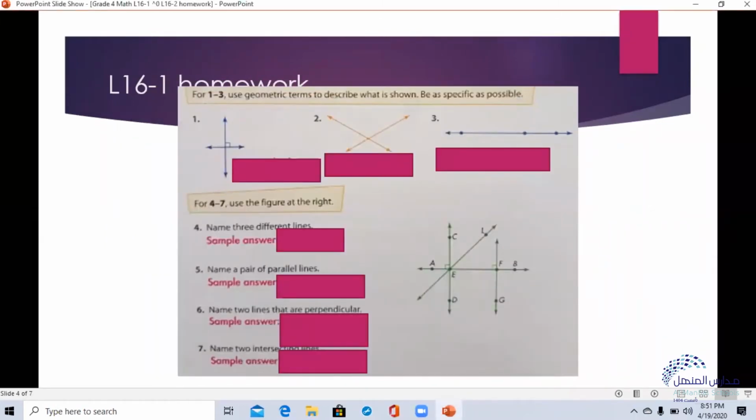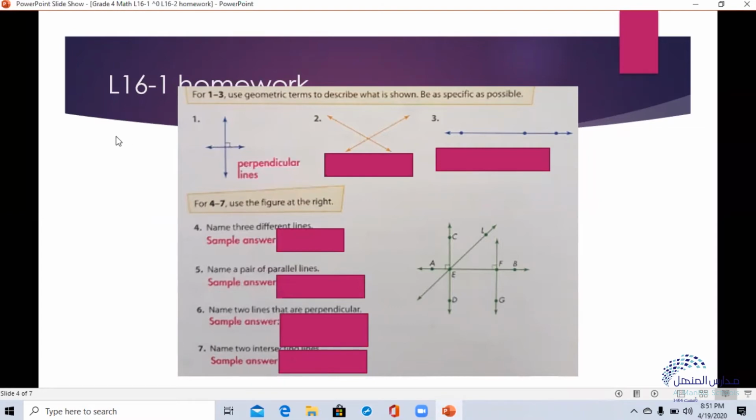For questions number 1 to 3, use the geometric terms to describe what is shown, being as specific as possible. If we look at question number 1, we see that there is a 90-degree angle. This 90-degree angle means that these lines are right angles, which means they are perpendicular lines.